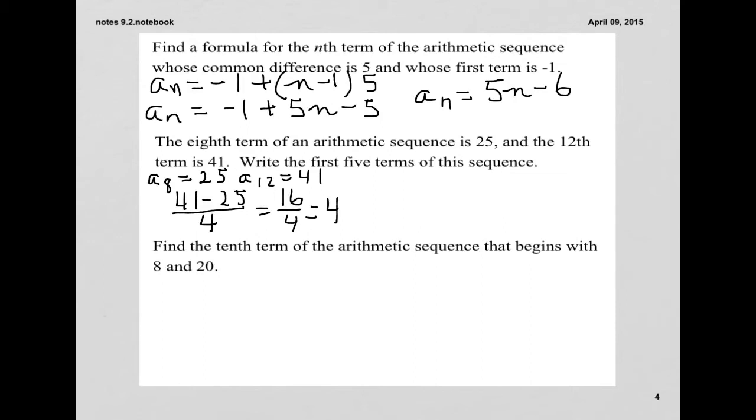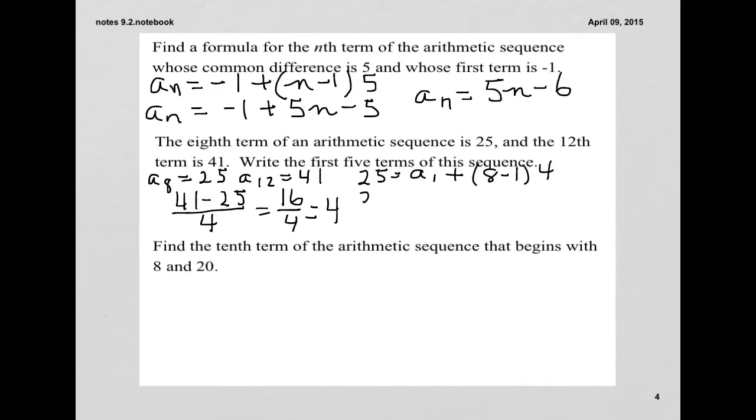Now I can take either one of them and set up to find my sequence. I'm going to use the 8th term. That's 25 is equal to a sub 1. This time I'm looking for the first term. I know that 25 was the 8th term, so that's minus 1, and my common difference that I found was 4.